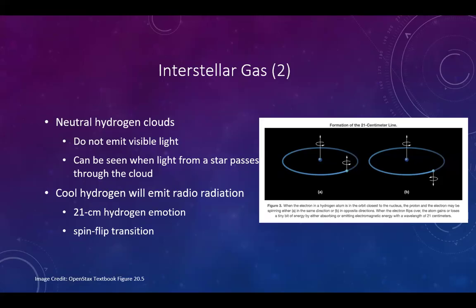And if they switch from lined up to opposed, it will gain or lose a tiny bit of energy. So if it goes from lined up to opposed, it will emit a tiny bit of energy, and you will get that radio wave at 21 centimeters.